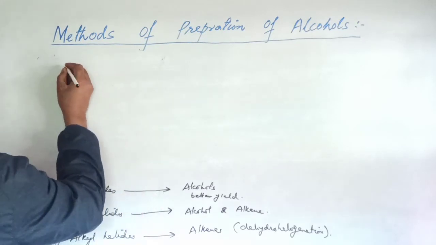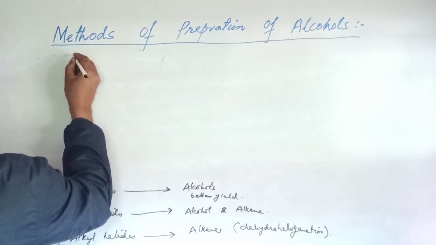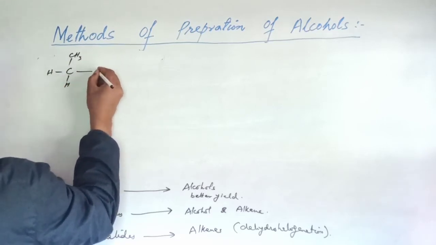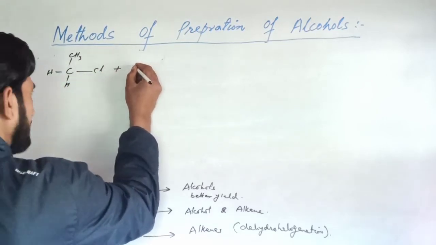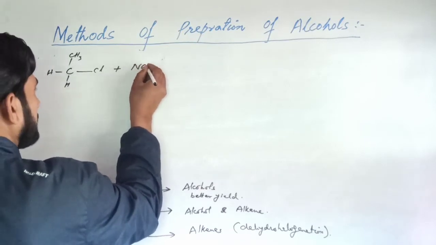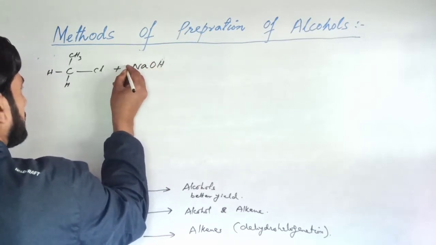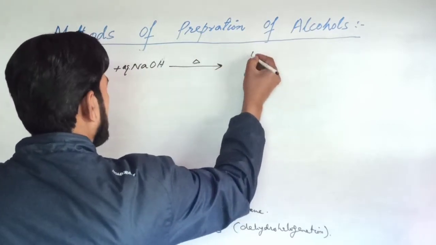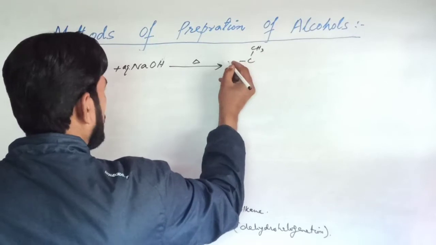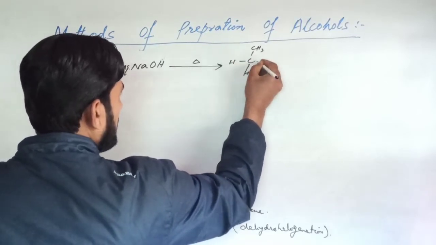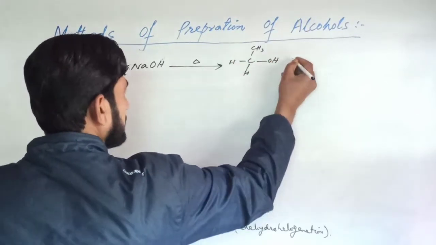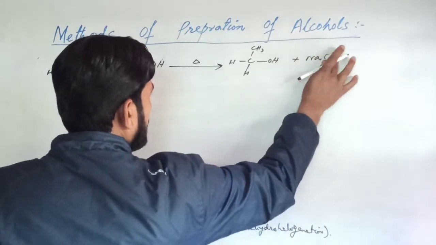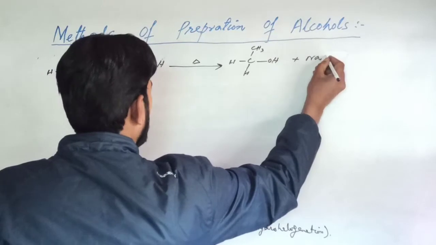For example, a primary alkyl halide forms primary alcohol.